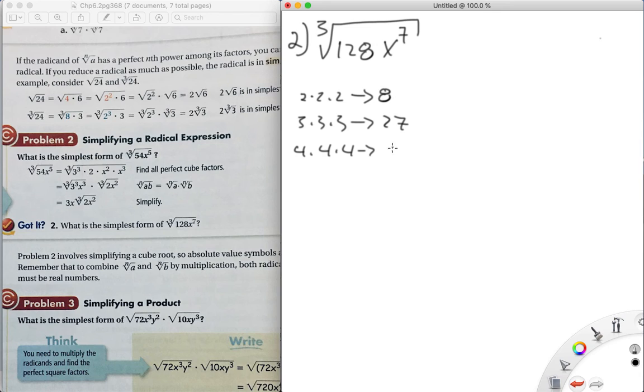And I can. So this is really looking like a contender. The 5 is not going to work: 5 times 5 times 5 is 125, and I can't divide that. And then 6 times 6 times 6 is 216, and that's more than 128. So the biggest number that I can factor out here is 64. So that's going to be the number that I'm going to use.